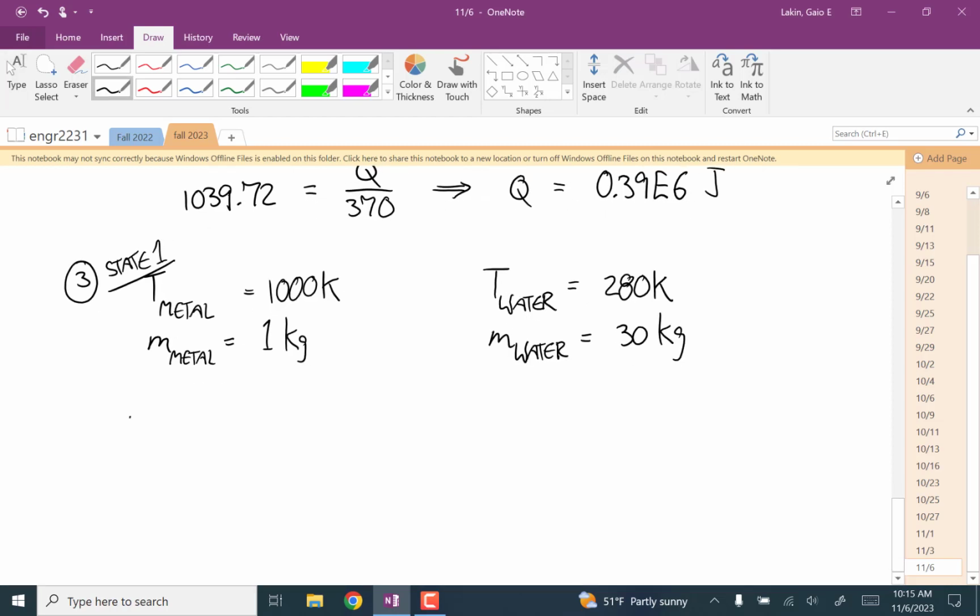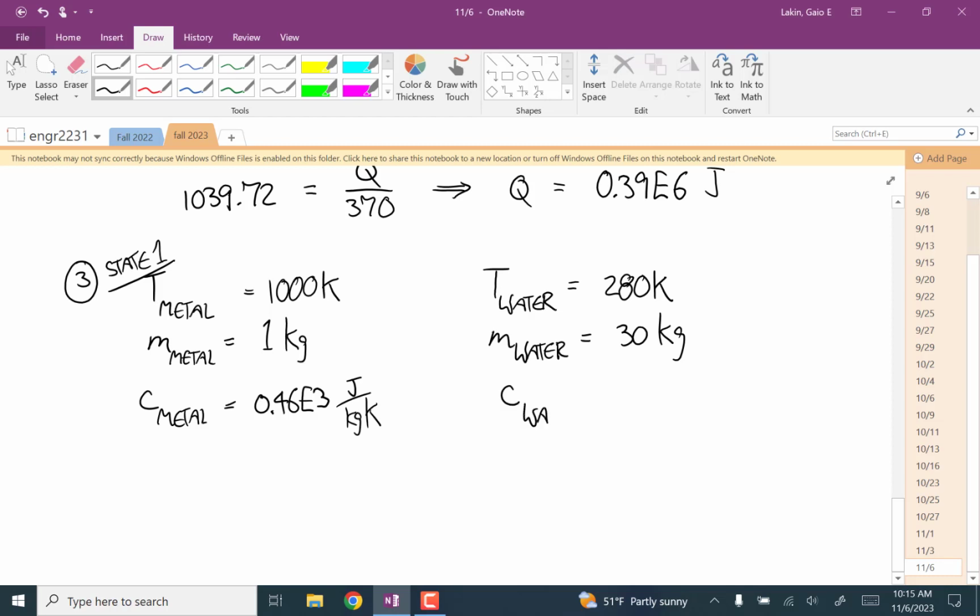And for part A, it gives you the specific heats. C for the metal is 0.46 times 10 to the third joules per kilogram Kelvin.